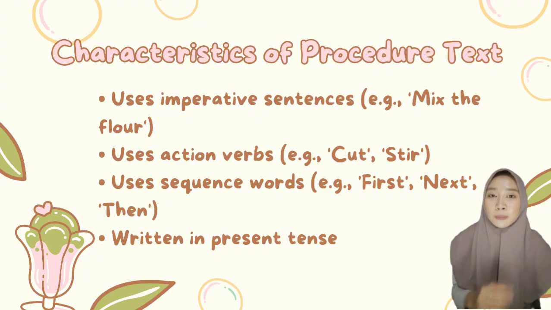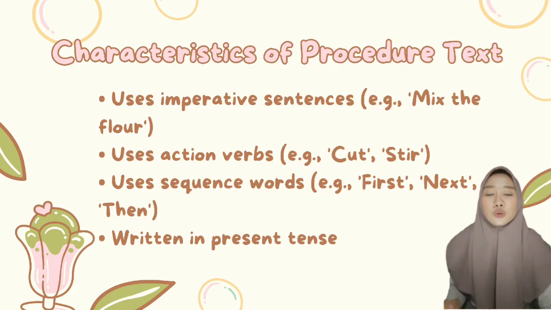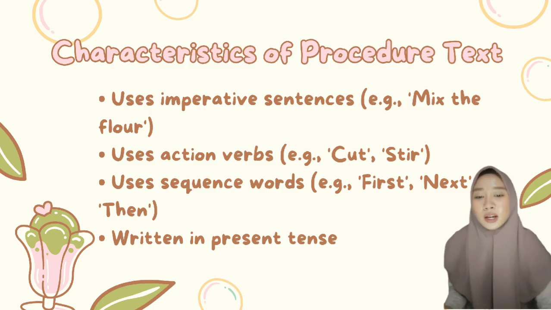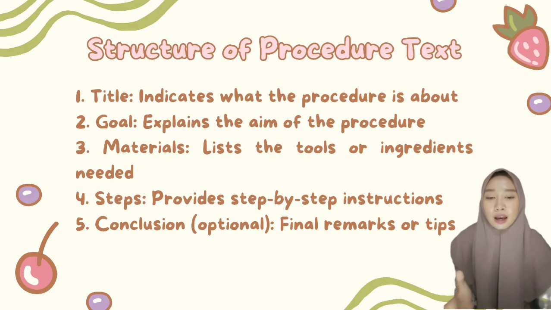Number 3, to keep things organized, we use sequence words like first, next, then, and finally to show the correct order. Lastly, a procedure text is always written in present tense because it explains something that can be done at any time. All of these characteristics help us understand the structure of a procedure text.